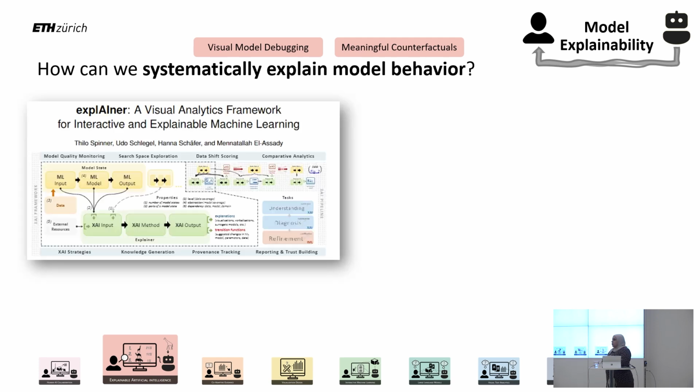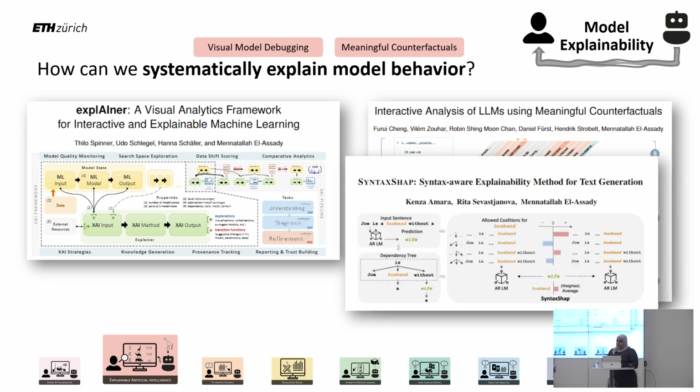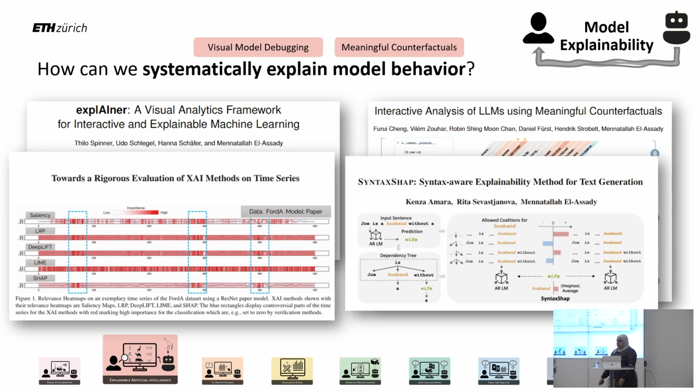For that, we contribute, for example, different frameworks that try to bring together different explainability techniques, but also we try to figure out, can we break down explainability in such a way that we do explanations on a level that humans actually want to see, meaningful chunks of information that are conceptually aligned with our understanding of the world and not just with the model's understanding of the world. And we do that for multiple different data sources, such as text, time series, and others.